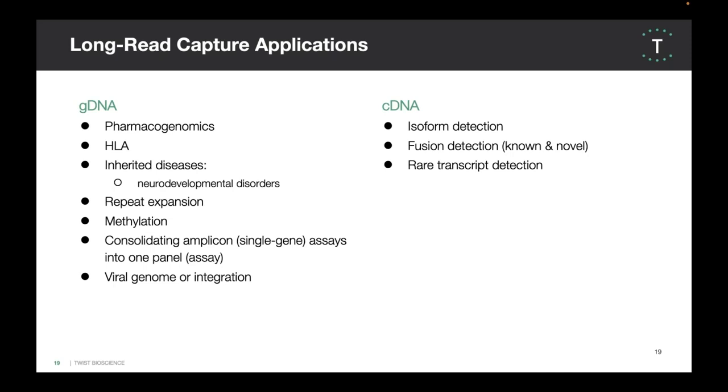And since our algorithm, probe design, and capture technology are hypothesis neutral, this can allow you to see a lot of regions that you previously were not able to see, or fusions that were unknown in the literature.